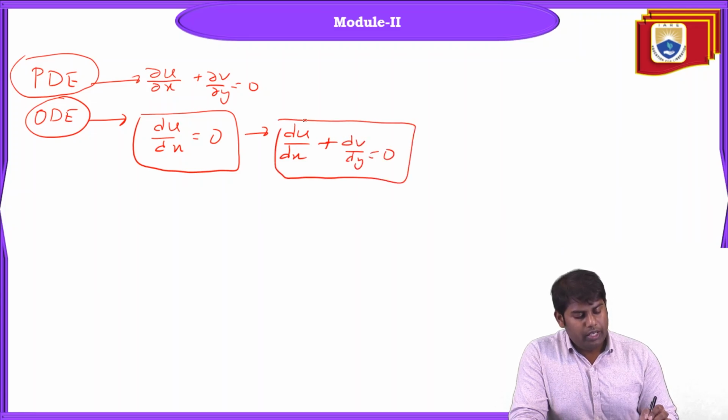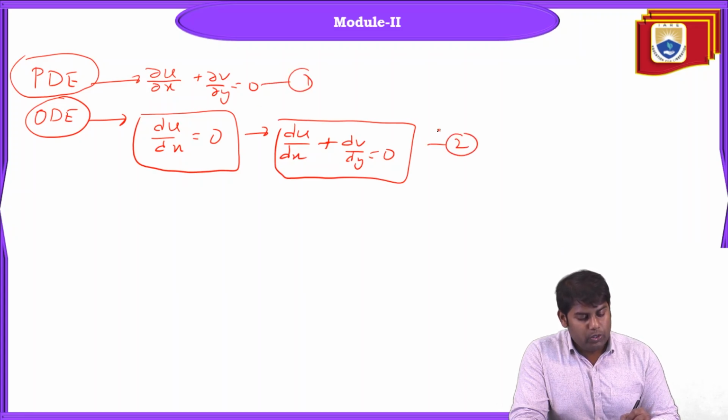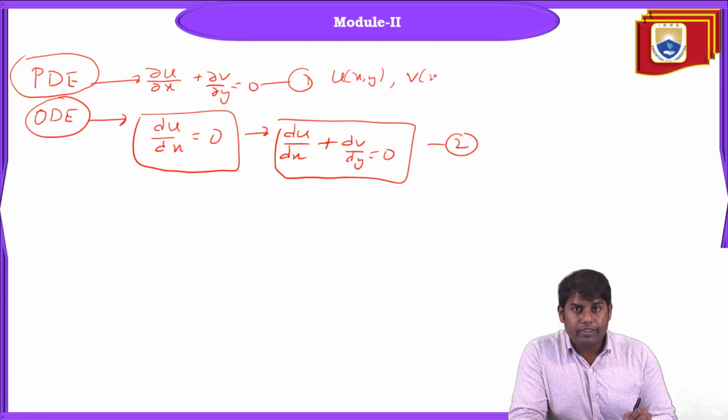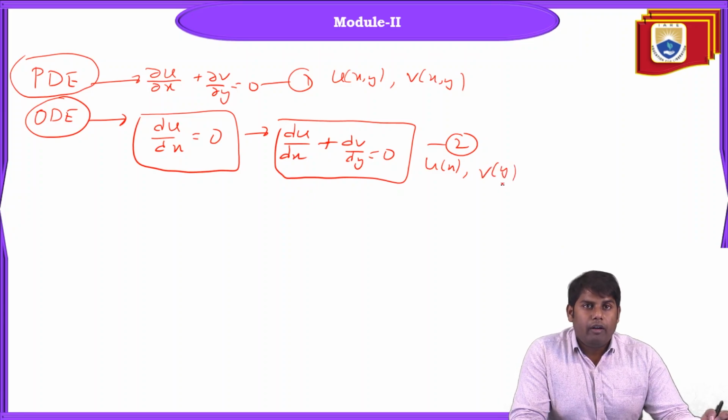The difference between equation 1 and equation 2 is that in equation 1, u is a function of x comma y and v is a function of x comma y. In equation 2, u is a function of x and v is a function of y.